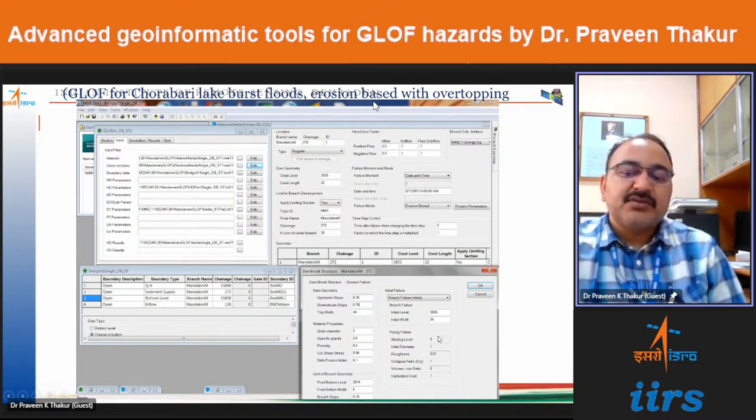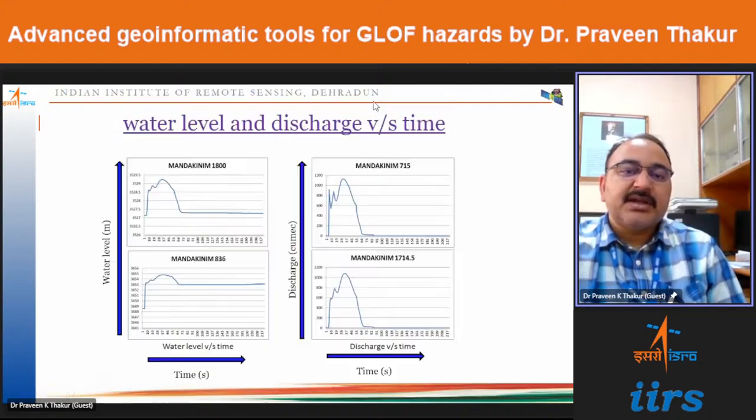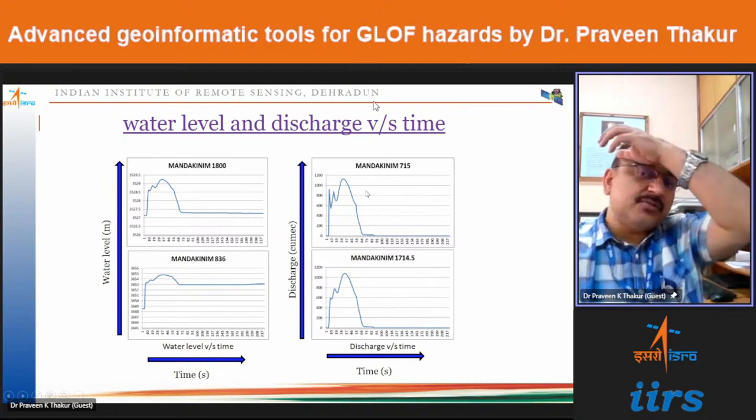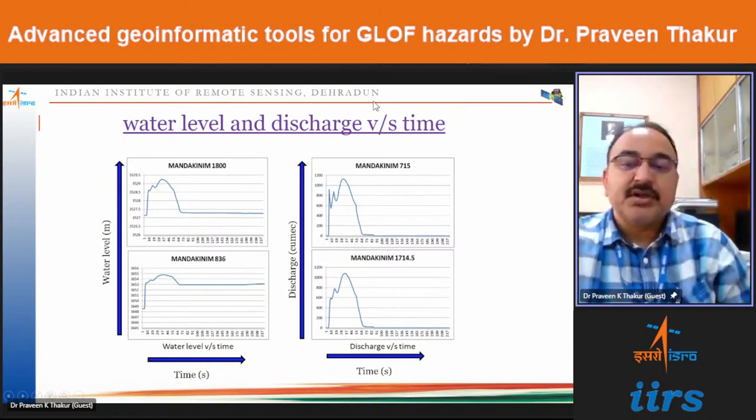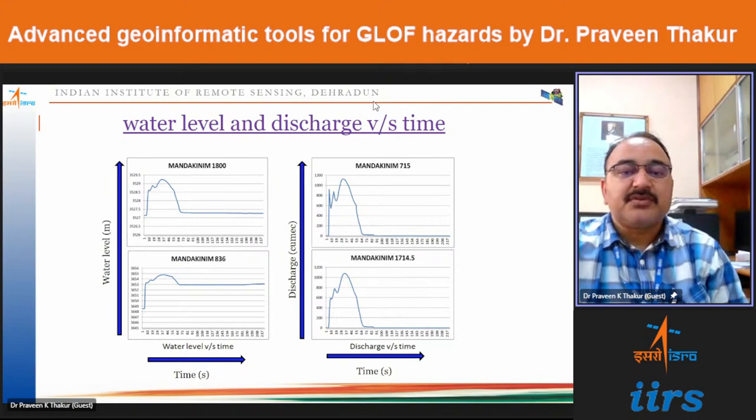Those data sets were added into this particular structure module of MIKE 11, and then the simulation was done at different cross sections for water level plus discharge. So 1100 cubic meters per second discharge was computed due to the breach of this particular glacial lake.